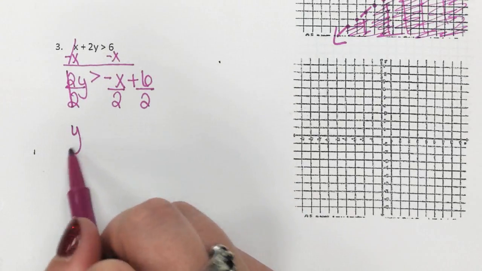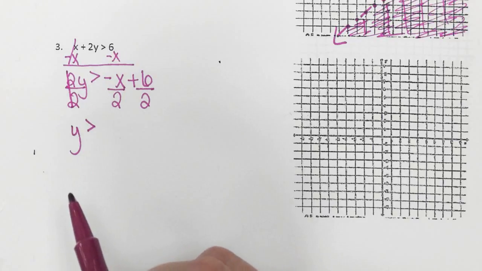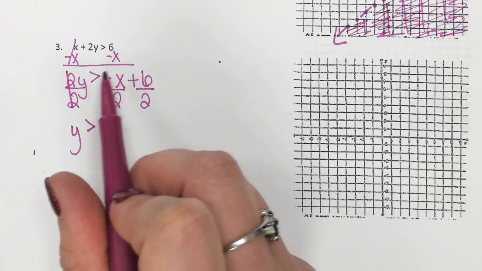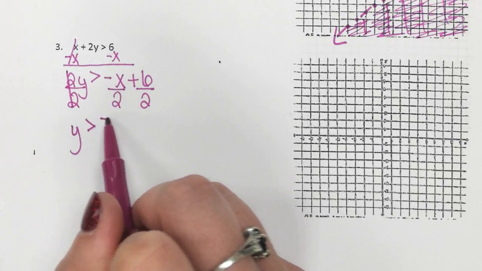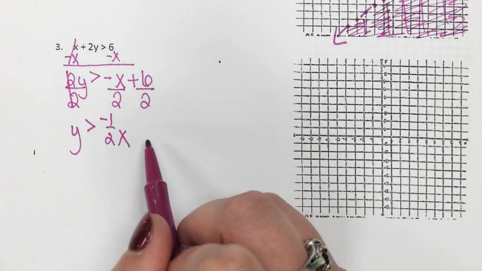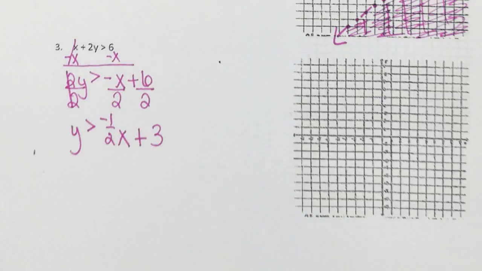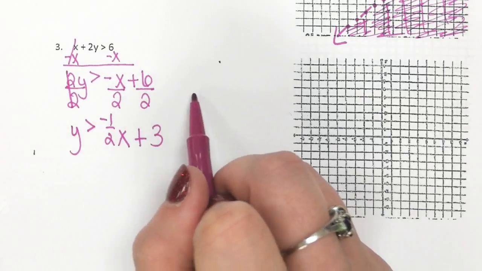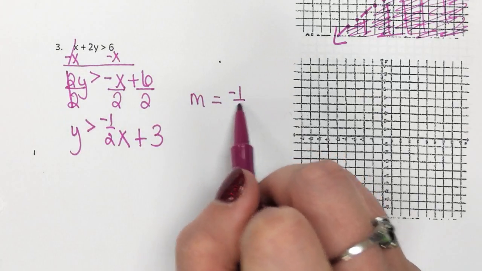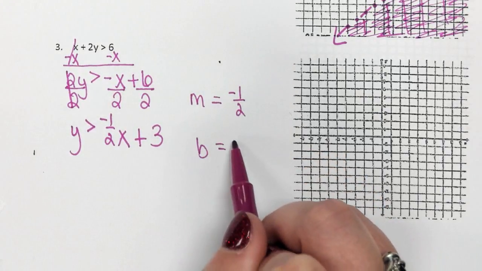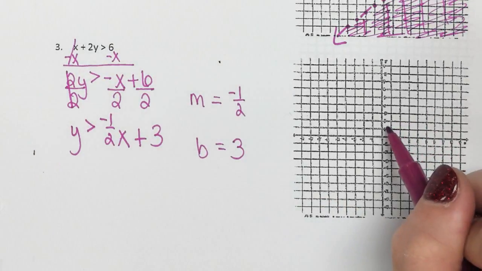All right, so I have y is greater than, what's it greater than? Negative 1/2 x. Very good. And then plus 3. All right, what's your slope? Very good. And your y-intercept? 3. Perfect. All right, here we go. 1, 2, 3.